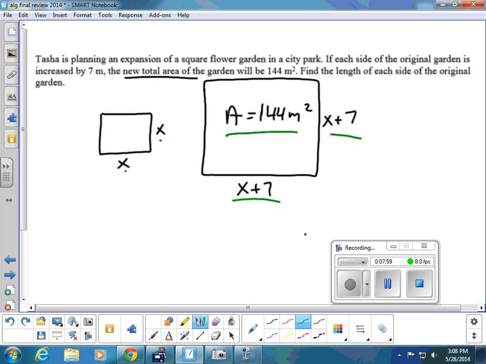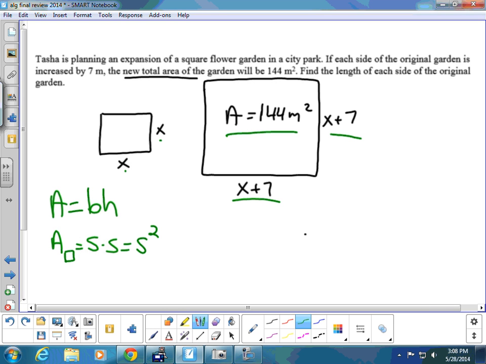So we know that the area of any quadrilateral is base times height. In this particular case, it's a square, so it's going to be side times side, which is side squared. Either one of these formulas will work for you.